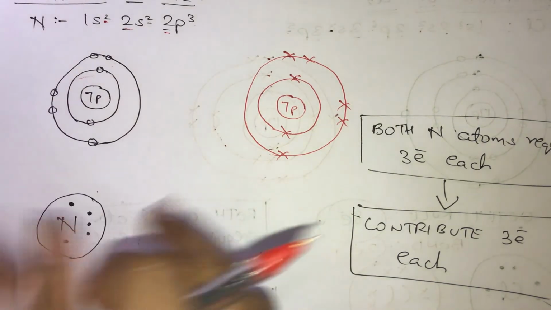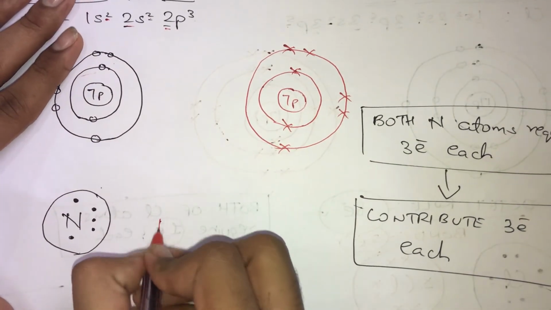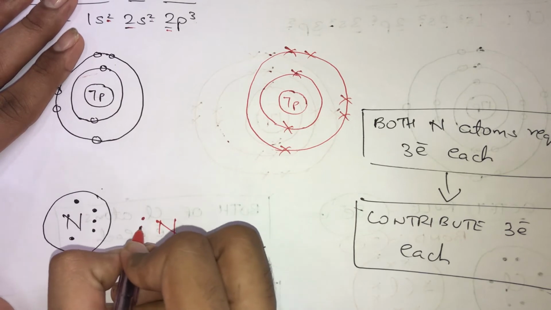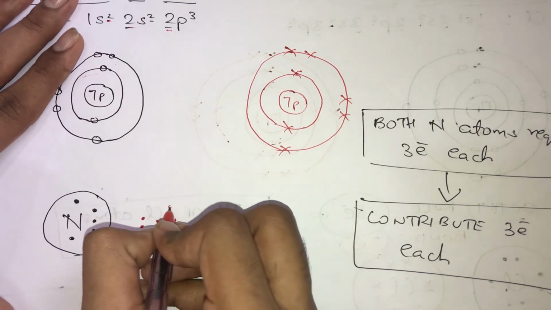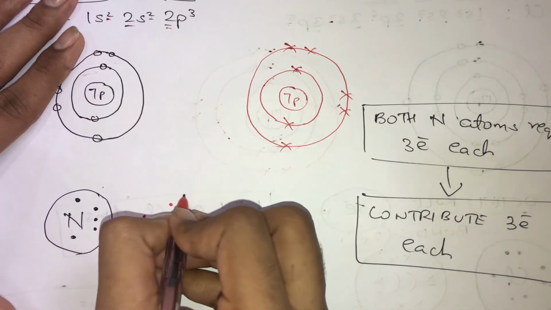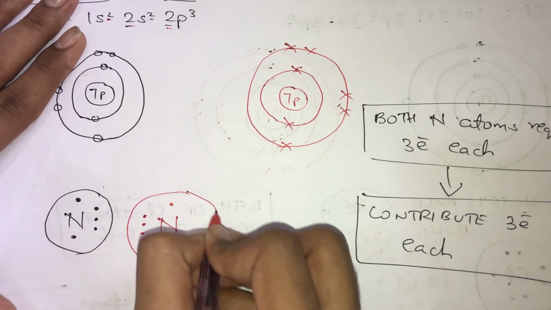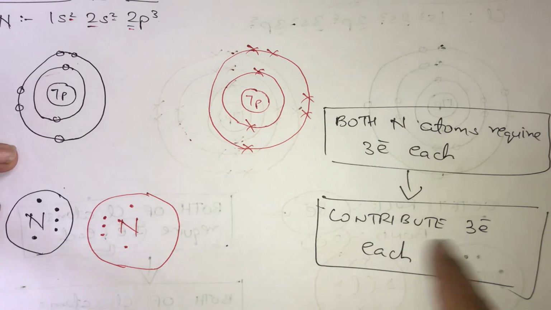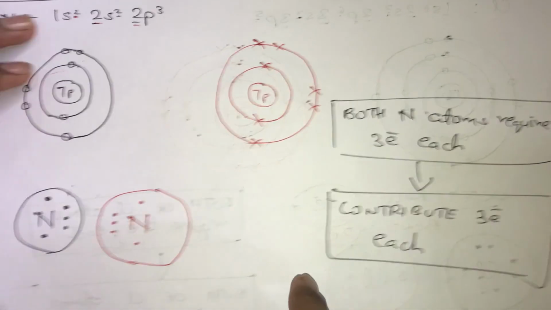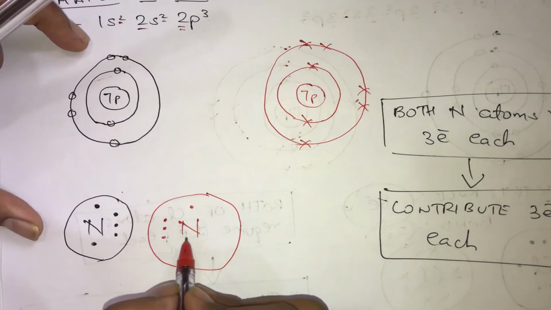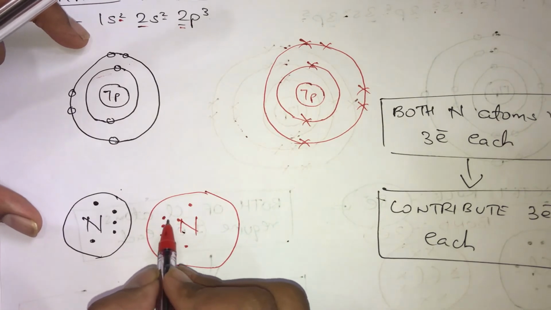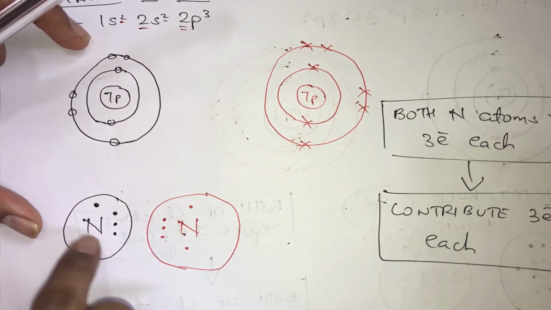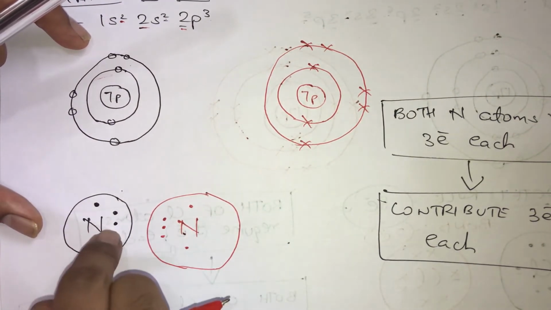Now for this atom, 1, 2, 3, 4 and 5. As mentioned, each is going to contribute 3 electrons. So let's say that this nitrogen atom contributes these 3 electrons, and this nitrogen atom contributes these 3 electrons.